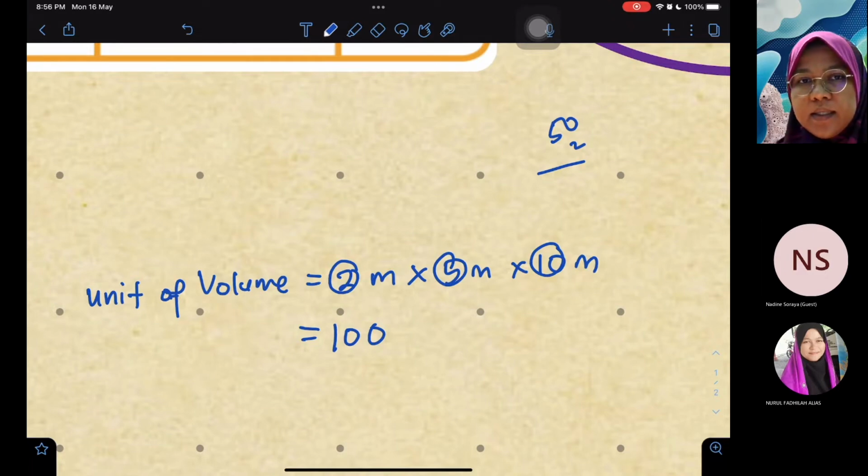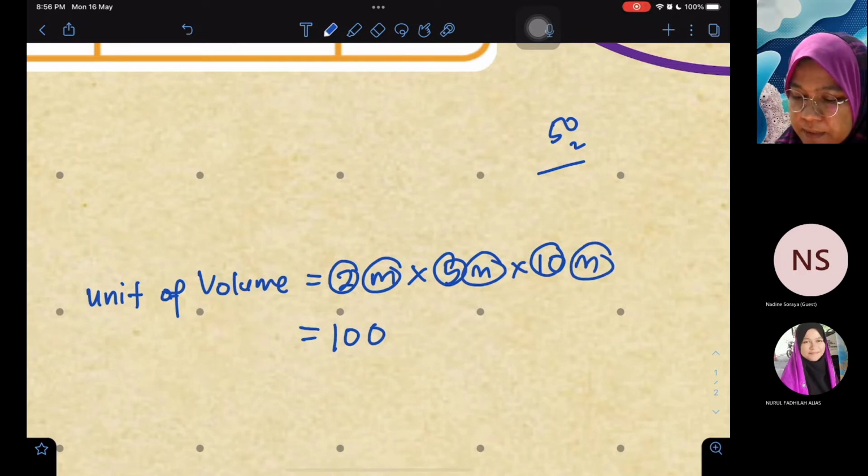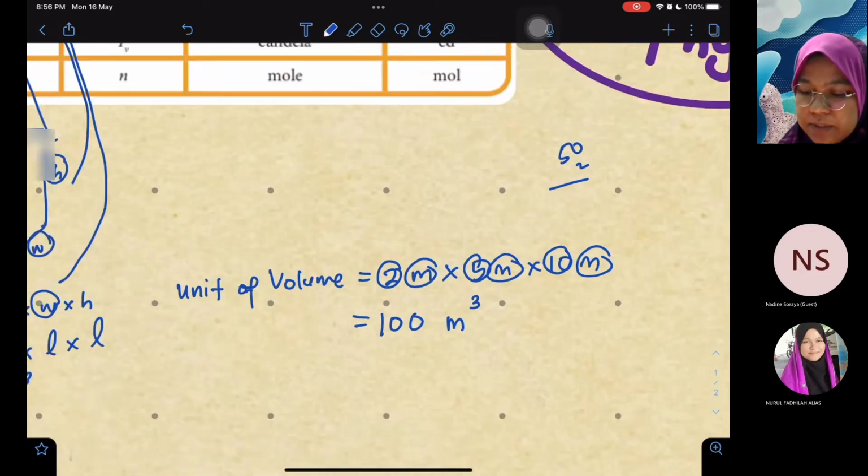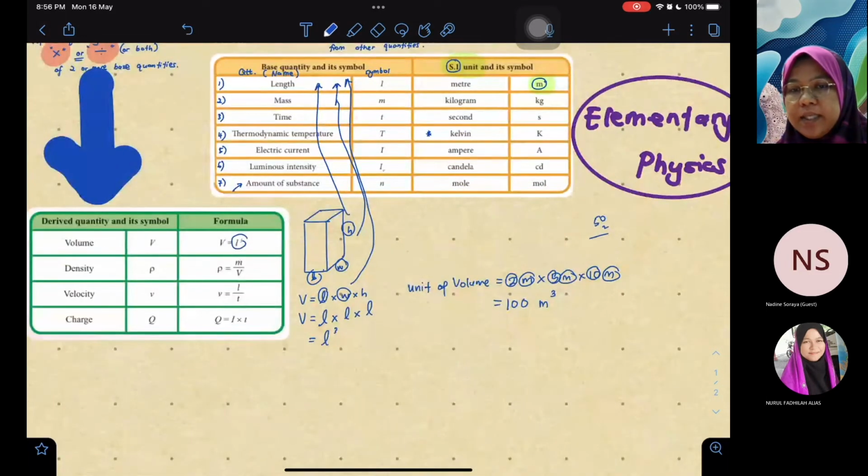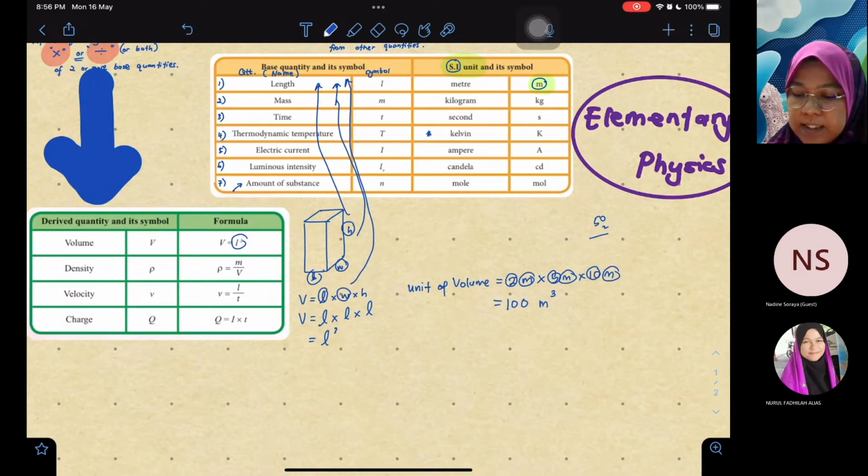And then okay, what about these M's? Kalau matematik, M times M times M, so we get M cubic. So sebenarnya, that's how we get all the units yang kita dah ada sekarang tu. Jadi this is the basic concept lah yang kita pernah ada.